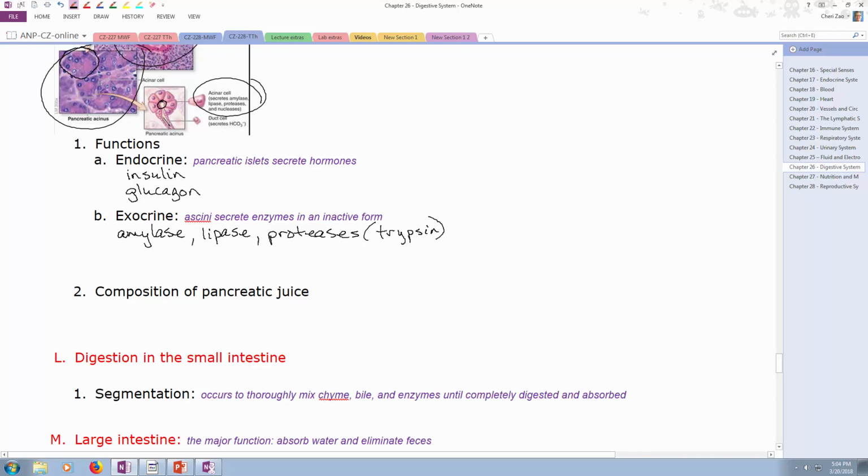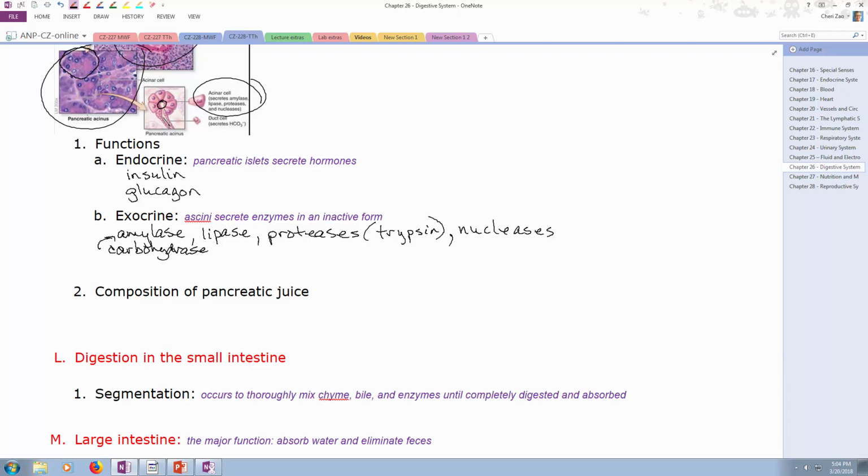So amylase is for carbohydrates, to remind us that that is the main carbohydrate enzyme being released. So amylase, lipase, proteases, and nucleases to digest DNA and RNA that it's going to encounter from our cells that it's breaking down.